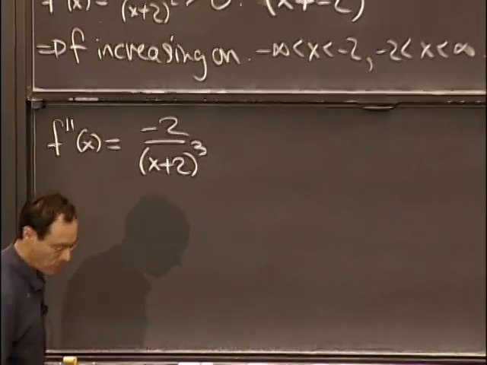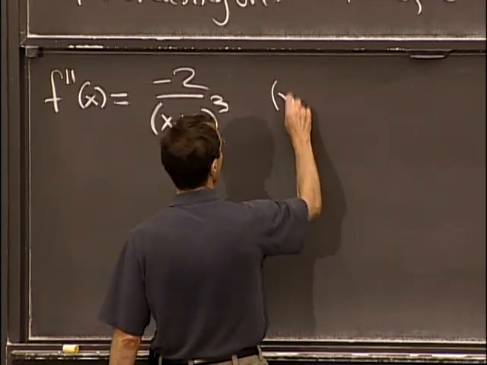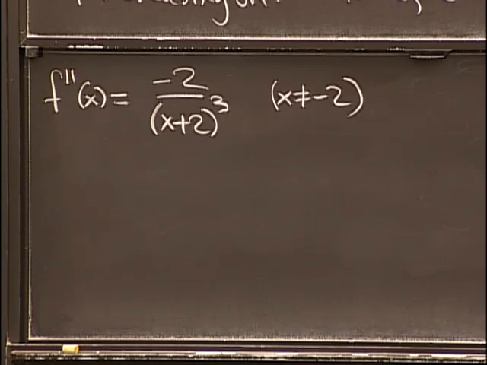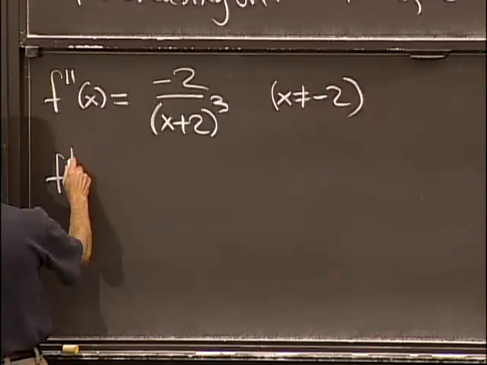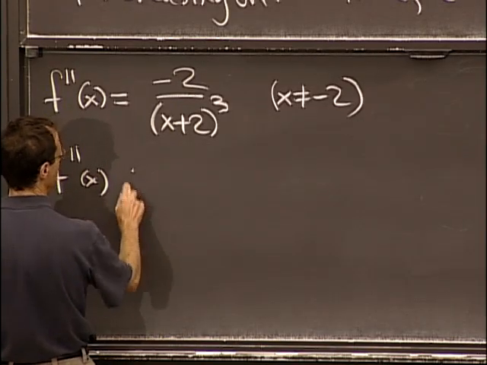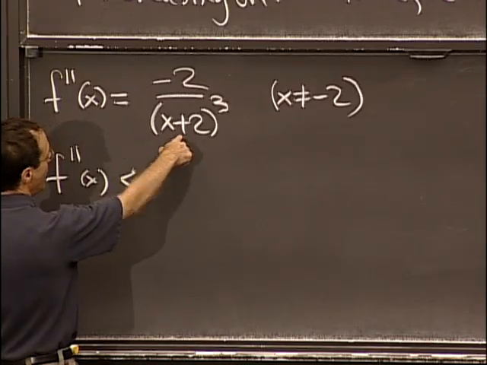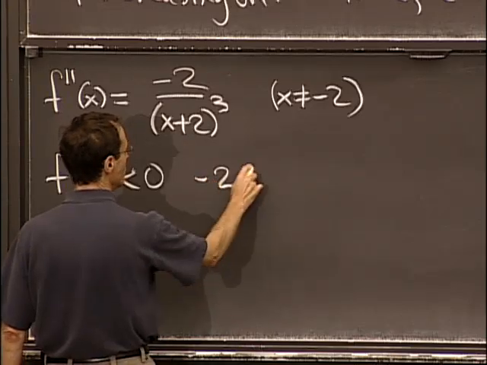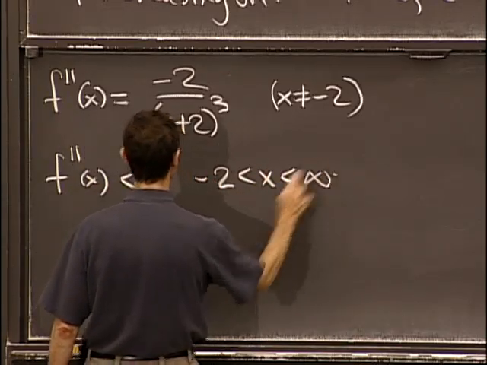And now, of course, that also only works for x not equal to negative 2. And now we can see that this is going to be negative. Let's see, where is it negative? When this is a positive quantity, so when negative 2 is less than x is less than infinity, it's negative.